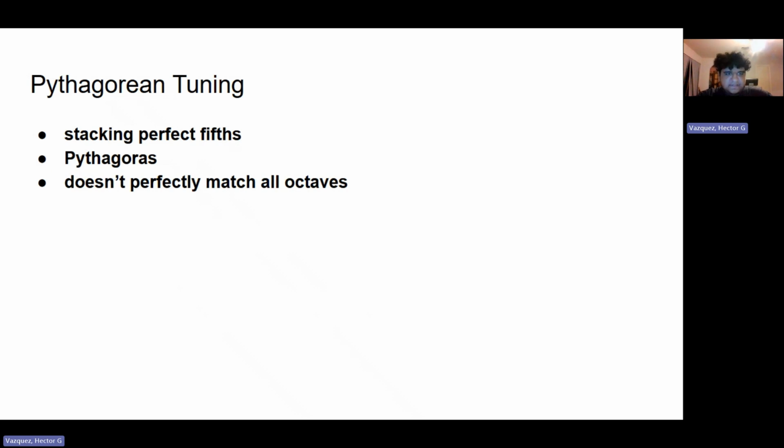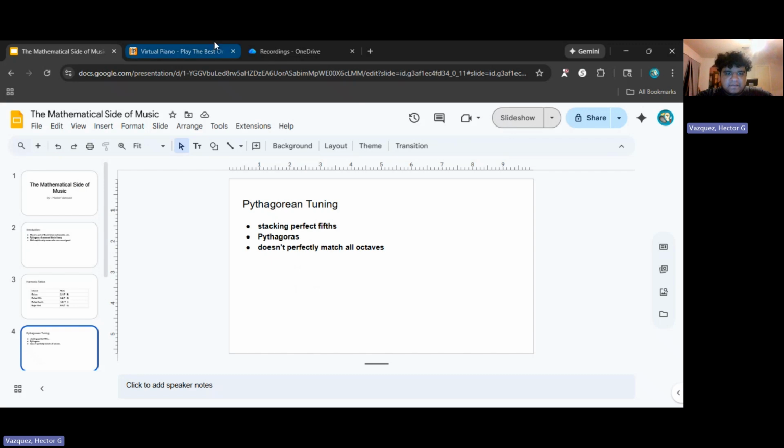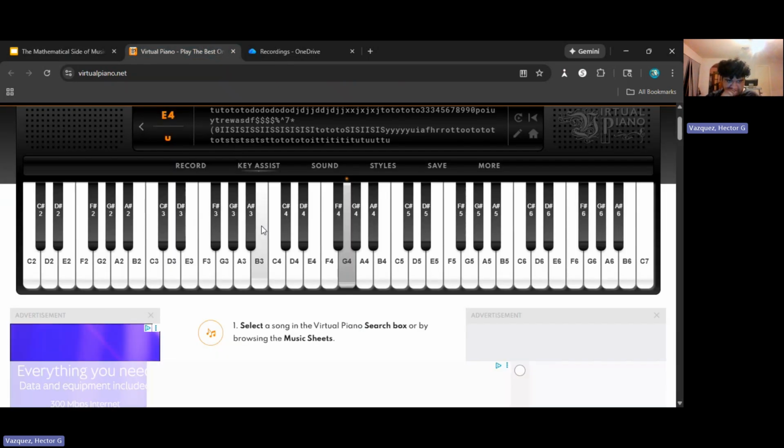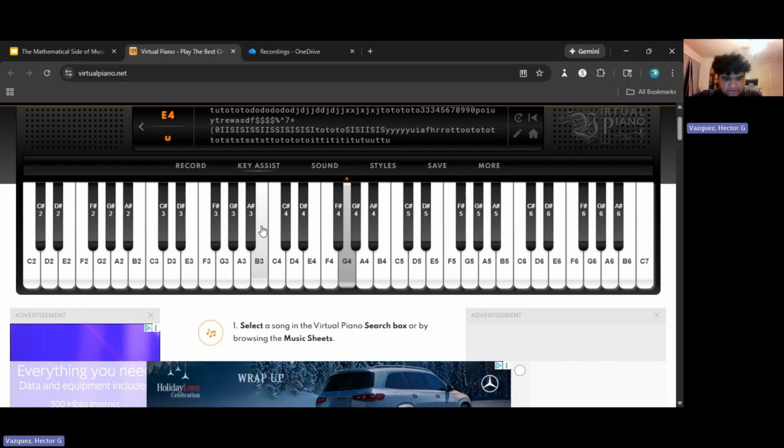So I'll go back to the demonstration again, and we'll start with C4 as our first note. The first perfect fifth, which I showed you, is TO for me.